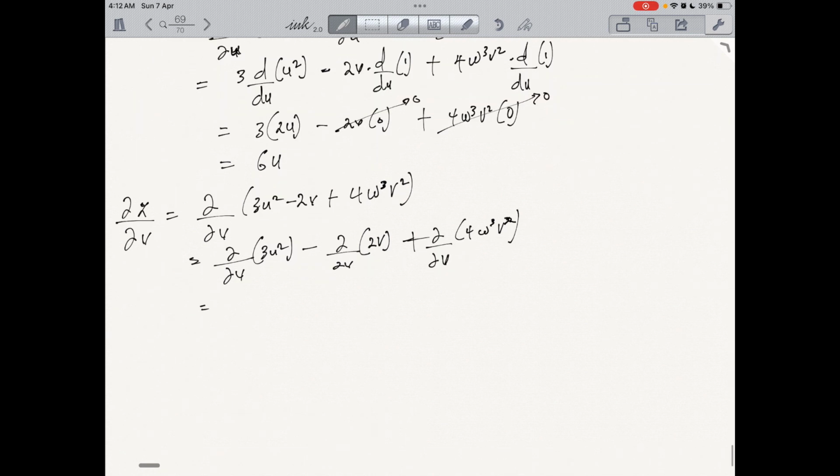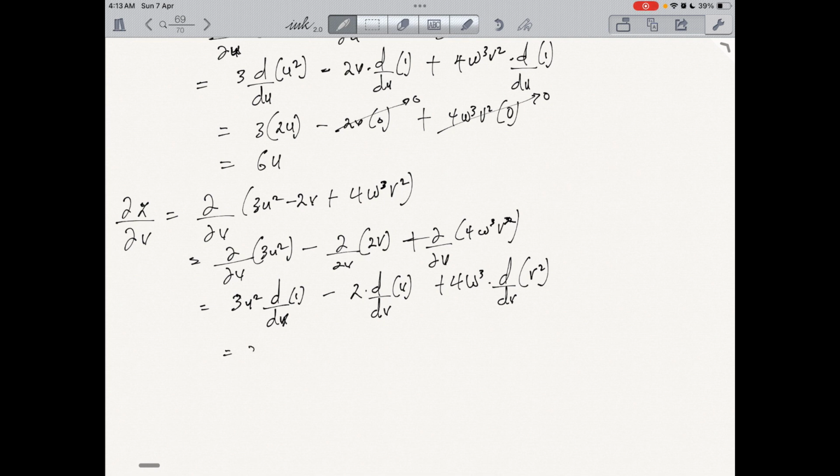Now let's separate terms, bringing out the constants. 3u squared is a constant multiplied by the full differential with respect to v of 1. 2 is a constant multiplied by the full differential with respect to v of v. And 4w cubed is a constant multiplied by the full differential of v squared.